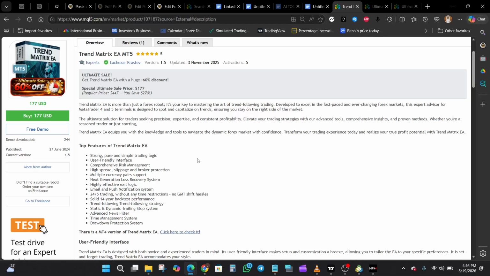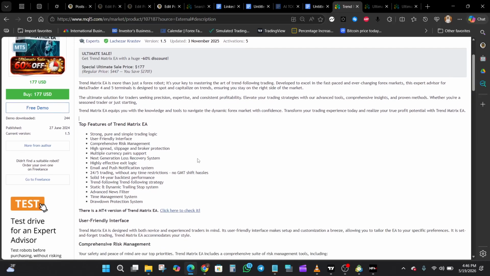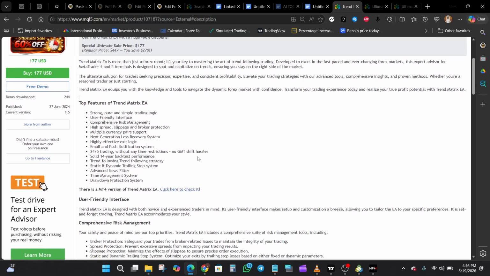All right, so it also mentions multi-currency support, meaning it can operate across several forex pairs and even some commodities like metals and oil. Okay, now looking at the feature breakdown, there is a strong focus on risk management tools, right? I can see protections around spread, slippage, and broker execution, which are designed to help reduce the impact of unstable trading conditions.